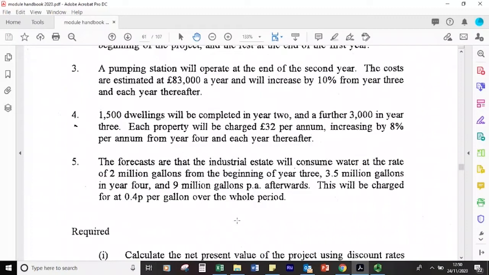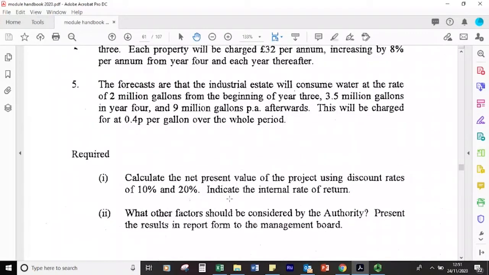This will be charged for at 0.4 pence per gallon over the whole year. Not 4 pence, but 0.4 pence. So 4 pence is 0.04 pounds. So when you have 0.4 pence, then it has to be 0.004 pounds.